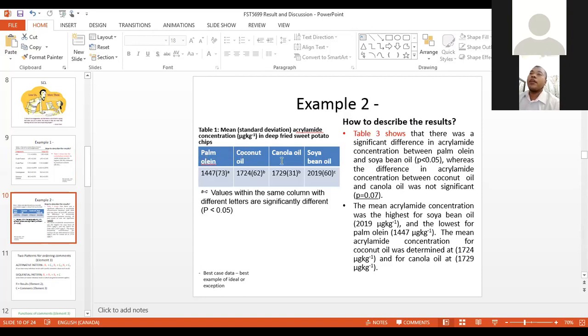So this is the sample, and this is the mean. We know this is the mean. The bracket will be the standard deviation, and the unit will be microgram per kilogram sample.